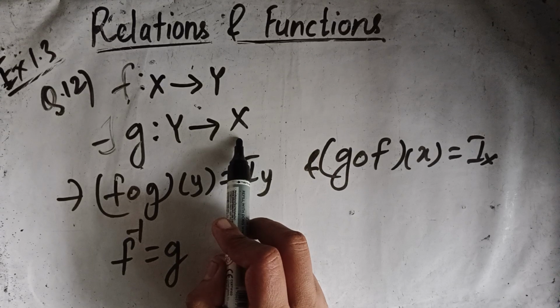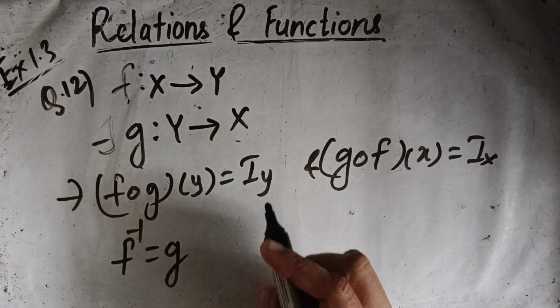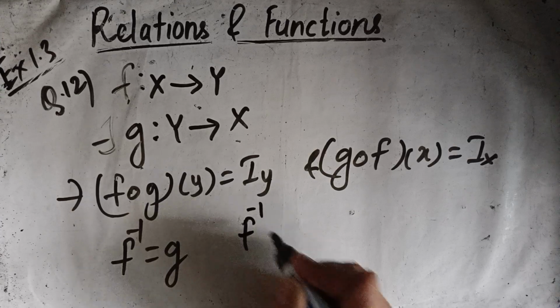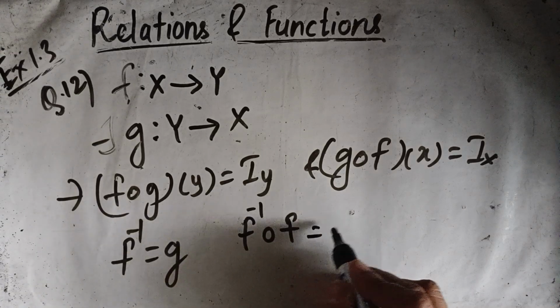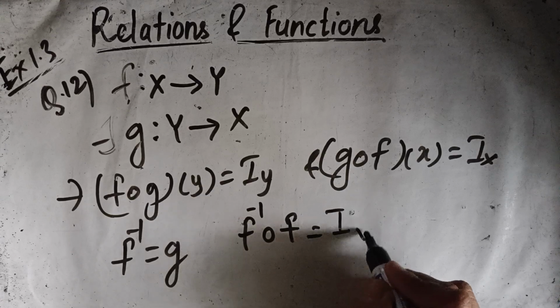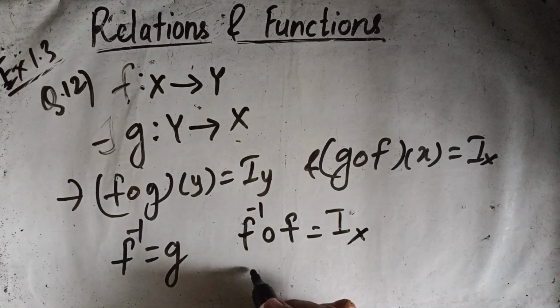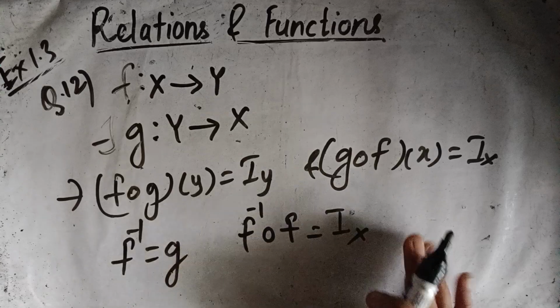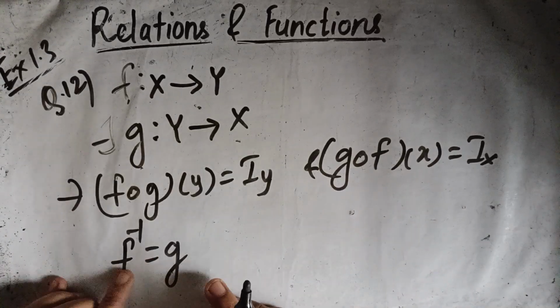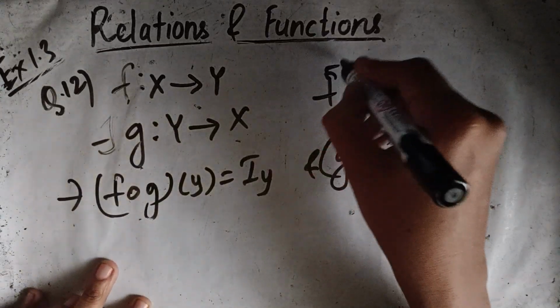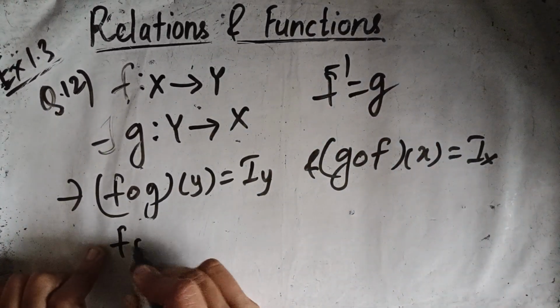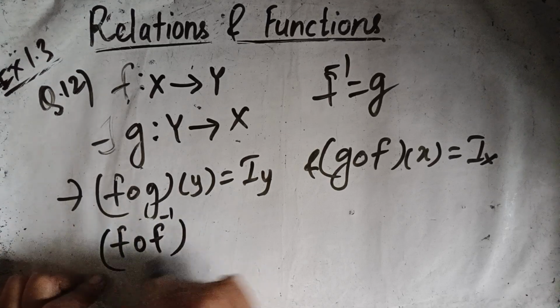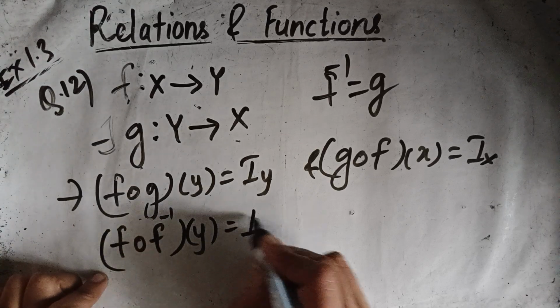Now we'll write F inverse composite F. So this will be our I of X, because this is G. We got that F inverse is equal to G. So in place of G, I'm writing F inverse, and I'll get the same thing.